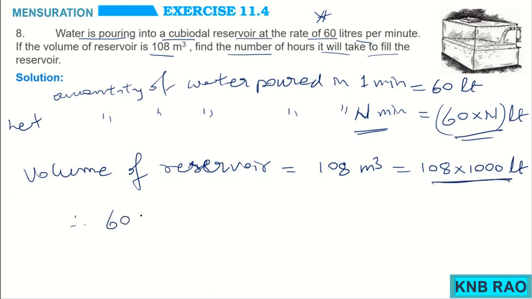Therefore 60 into n is equal to 108 into 1000, because this volume of the reservoir is getting filled by the pouring of water for n minutes. Okay, so that is what we are assuming.